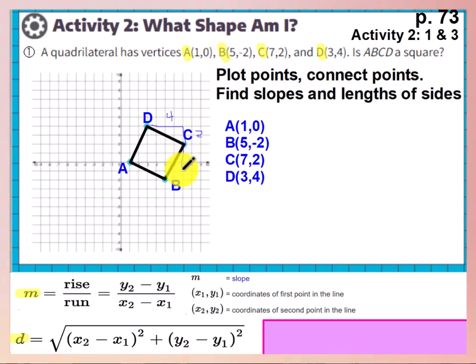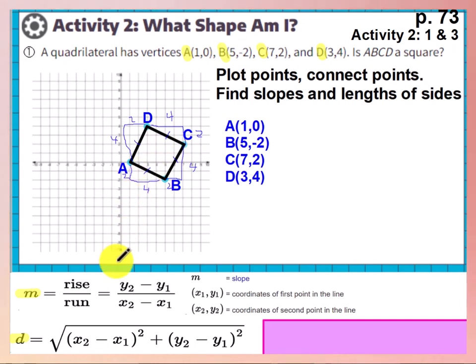If we make that triangle all the way around, it'll be 4 separate right triangles all the way around that square, and we'll notice that these distances are the same. 4 and 2, 2 and 4, 4 and 2. So a squared plus b squared equals c squared means all of these sides are going to be congruent.